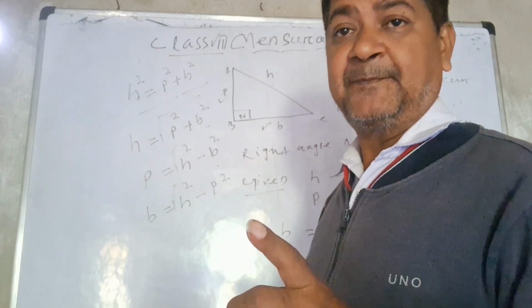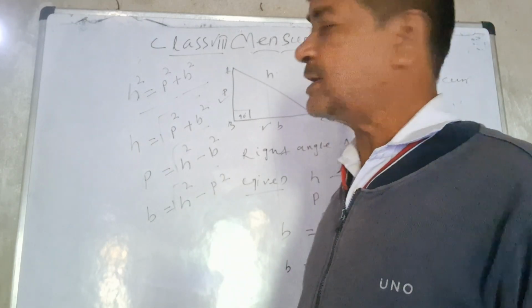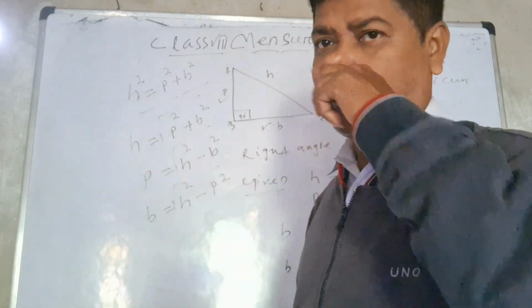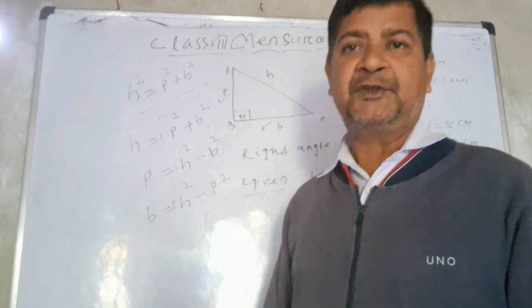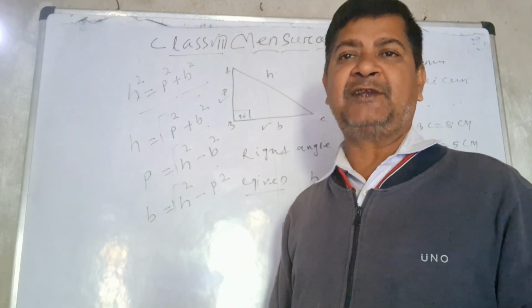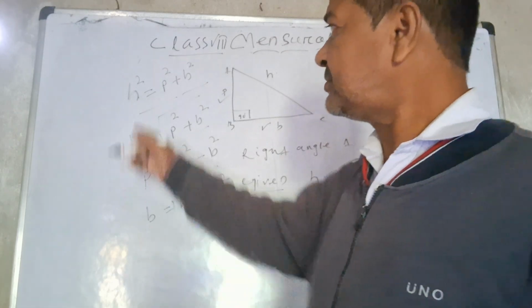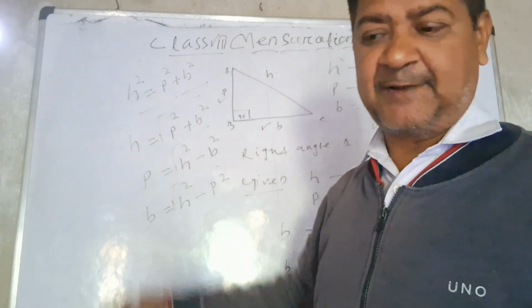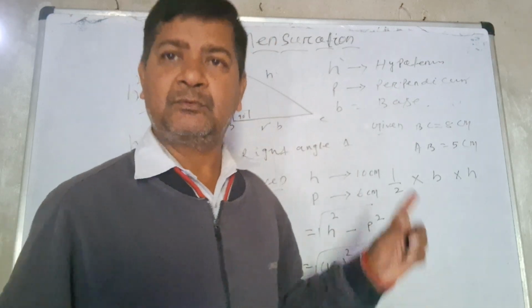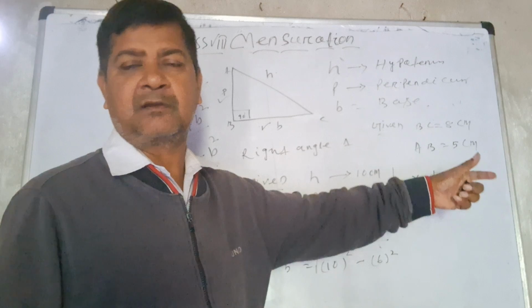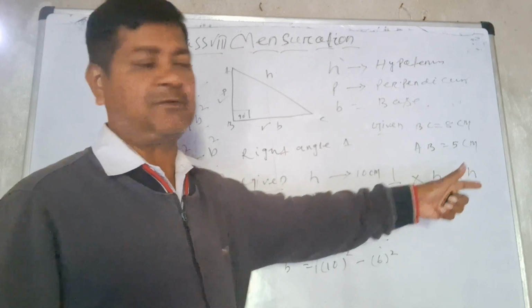Very, very important. It is the basic formula about your right angle triangle, the PBH formula, otherwise known as the Pythagoras triplet. All of you try to remember it, then you will be able to proceed further. Otherwise, it is not possible for you.